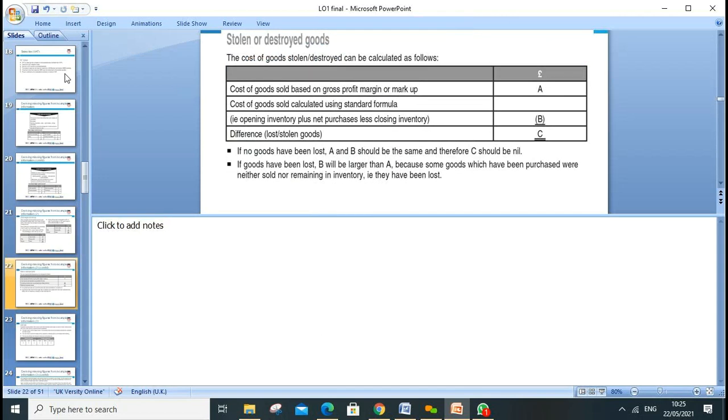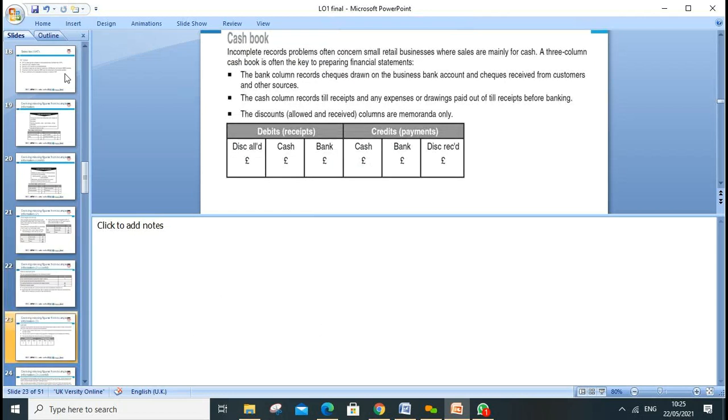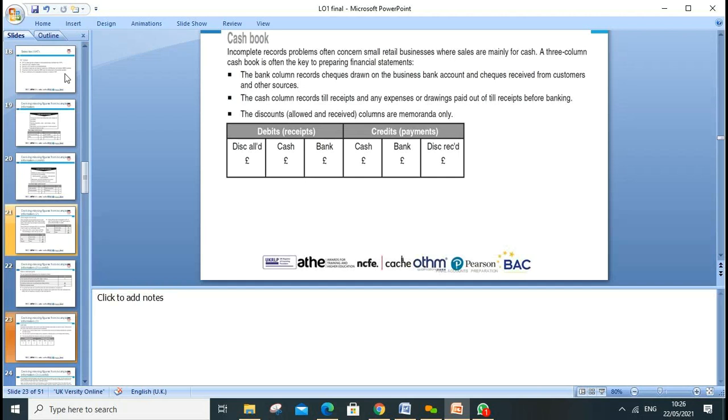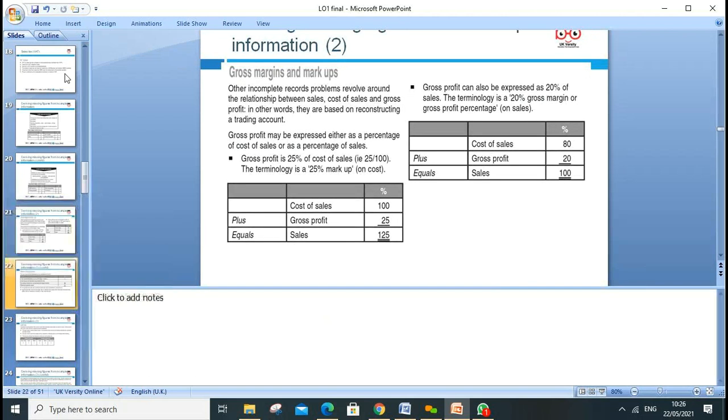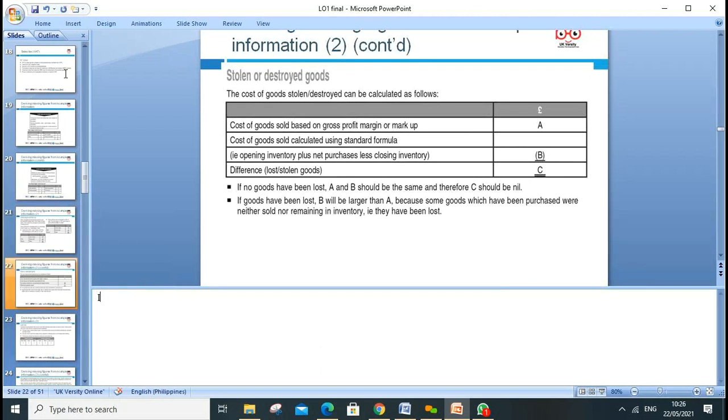Okay, then we can make a closing inventory adjustment if we have inventory. For inventory we have IAS 2, the International Accounting Standard 2, which is about inventory.